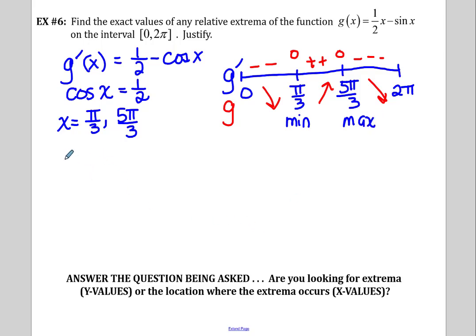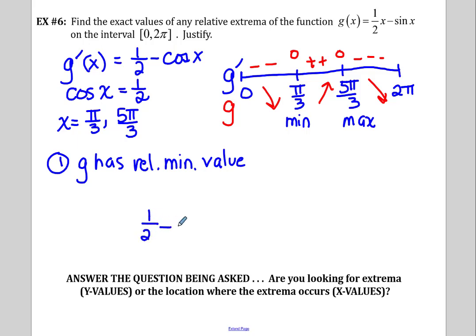So to answer our question, we know that G has a relative min, and I think I've got to get my calculator out here. Or maybe we can do this at pi over 3. So a half minus the cosine of pi over 3, that's radical 3 over 2, right?